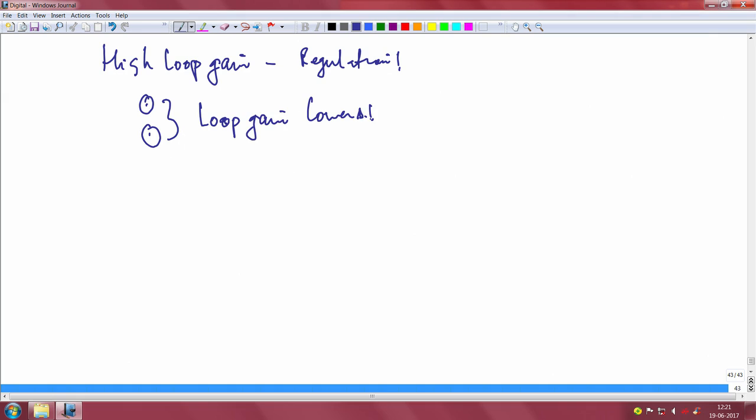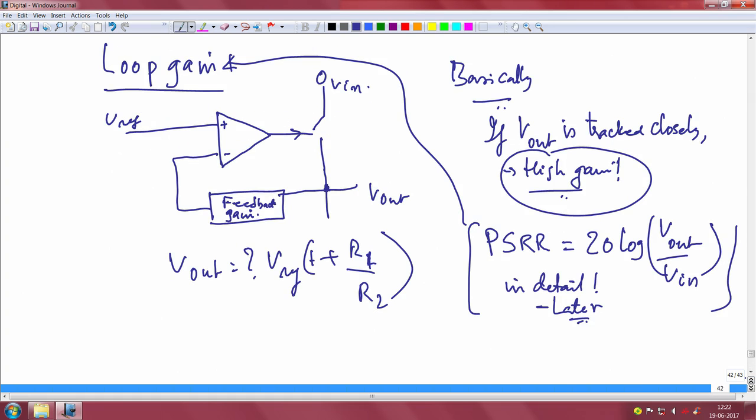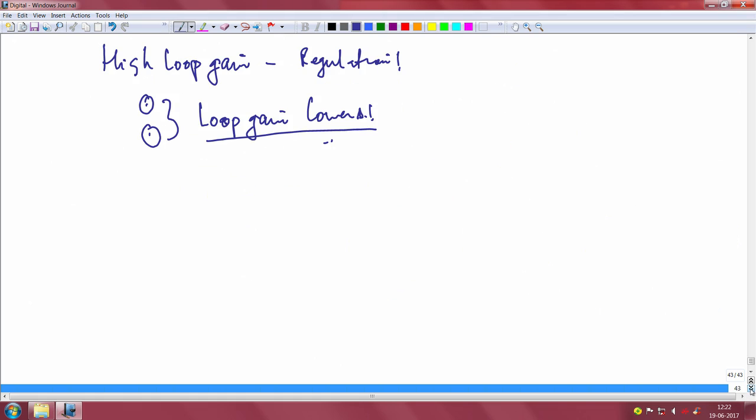What are the situations under which loop gain lowers? For that you must look at the ability of the LDO to reject ripple, okay. So, let us connect that together. I will draw another picture here and everything will sort of get summarized.